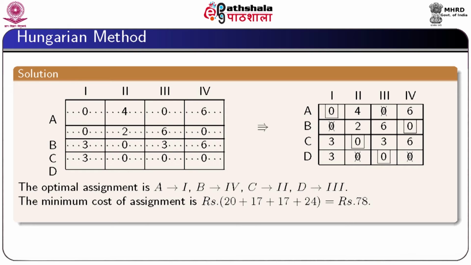So, we make a box there for the optimal assignment, and any other zero lying in that column in which we made a box, we should cross it out.